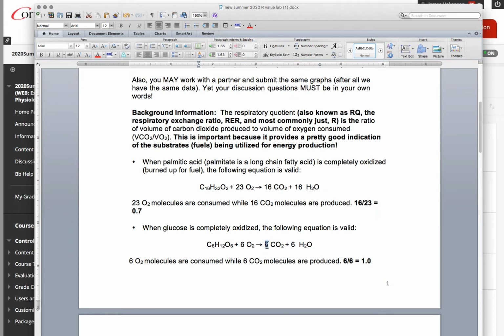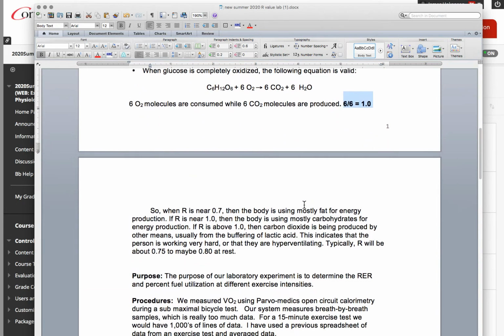So the ratio again is CO2 divided by O2. 6 divided by 6 is obviously 1. So if the RER value is close to 1, then you're burning predominantly carbohydrate as a fuel. Great. And I explained that in the second page of this lab.